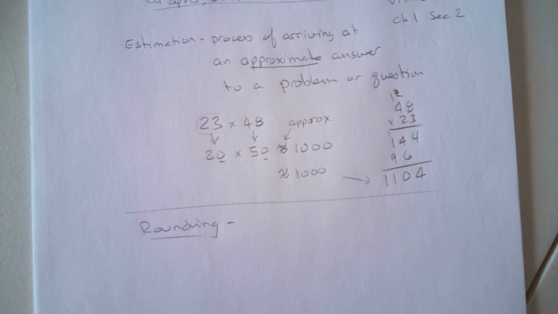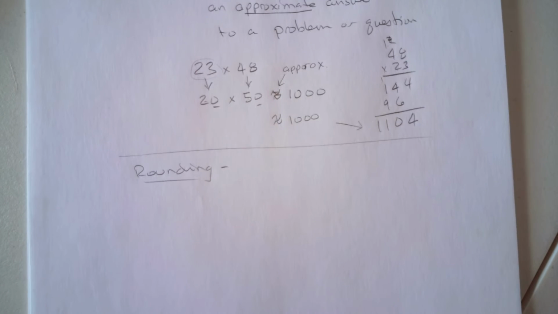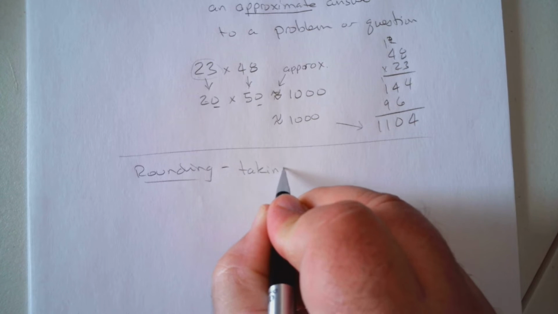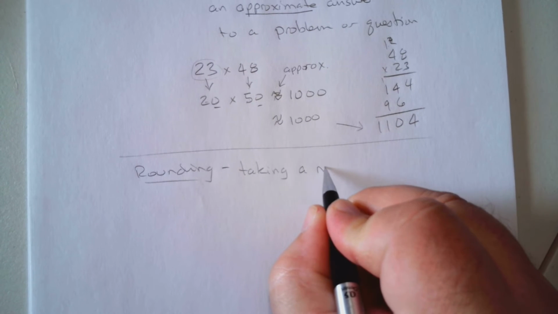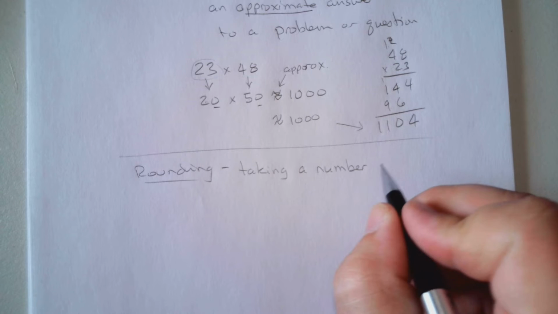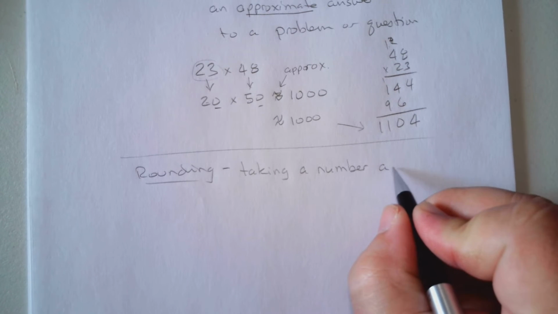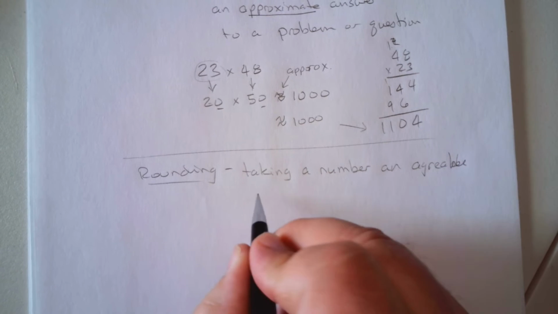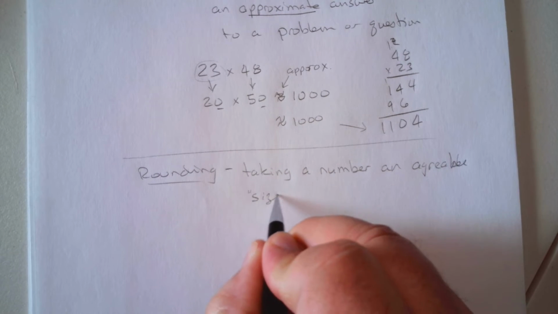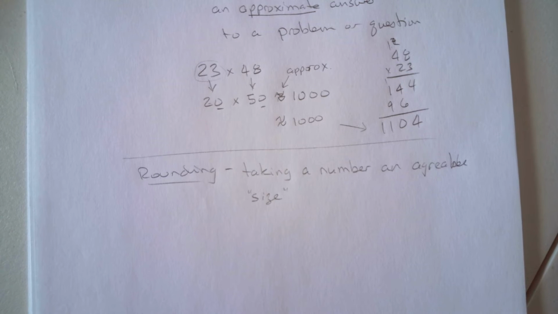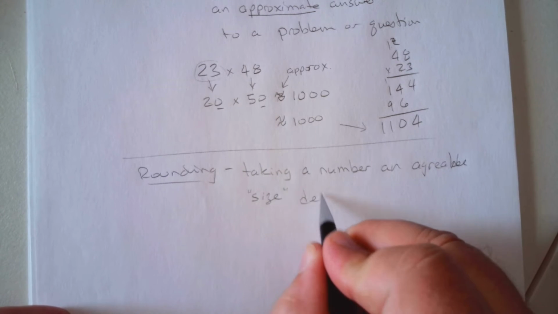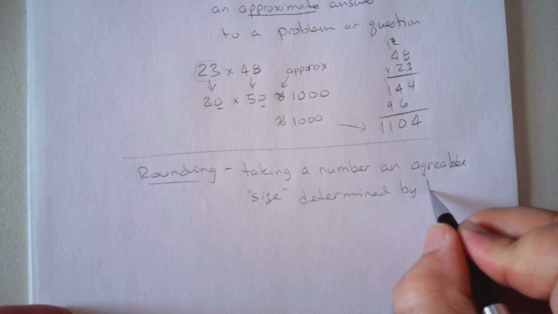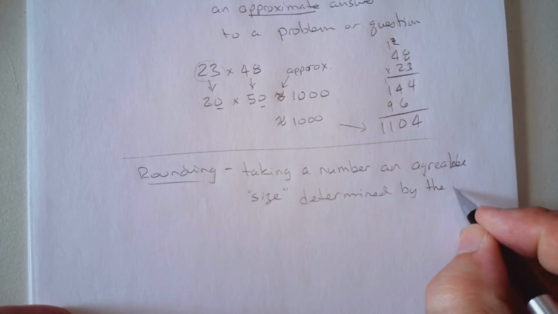Rounding is taking a number to an agreeable size, determined by the individual.